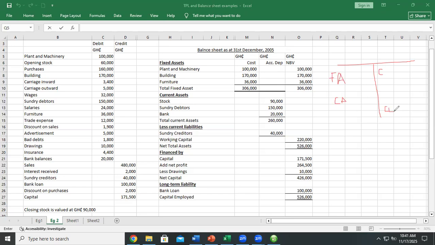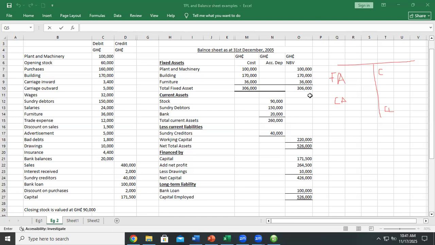If that happens, let's even use the figures we have here. If we just added the fixed asset to the current asset, look at the figure we're going to get. Let me close this. The fixed asset is 306,000, while the current asset is 260,000.